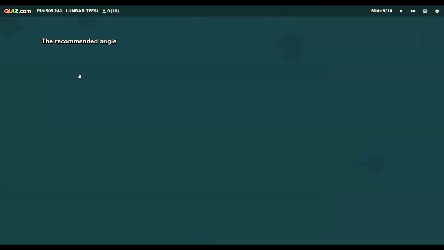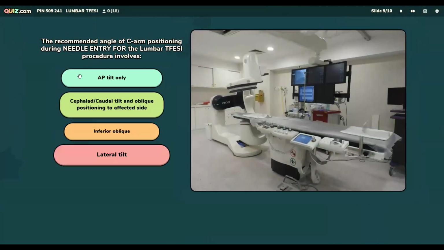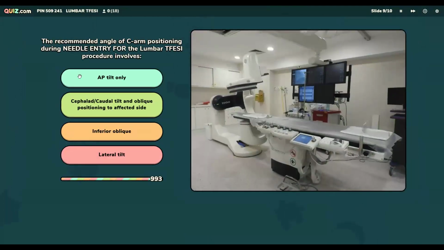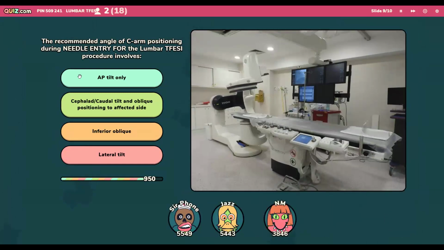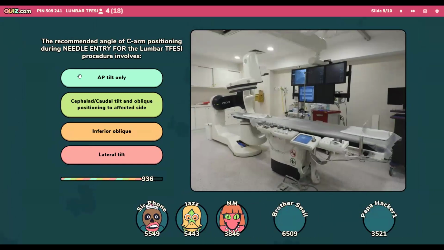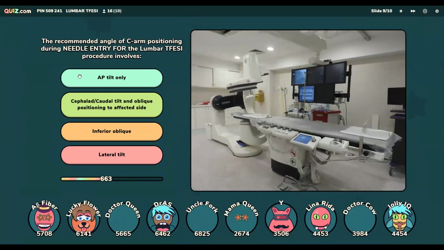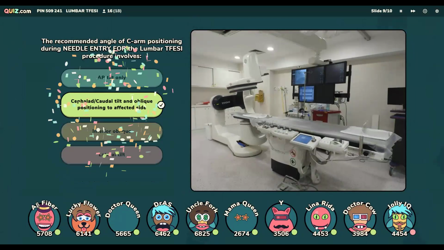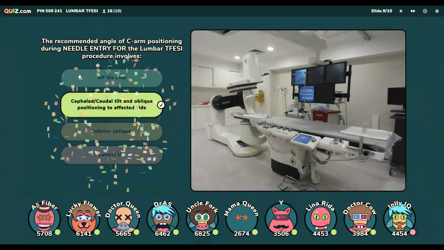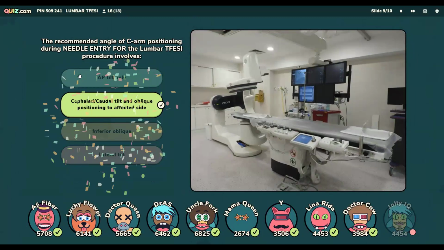The recommended angle of C-arm positioning during needle entry for the lumbar facet procedure involves cephalad/caudal tilt and oblique positioning to the affected side.